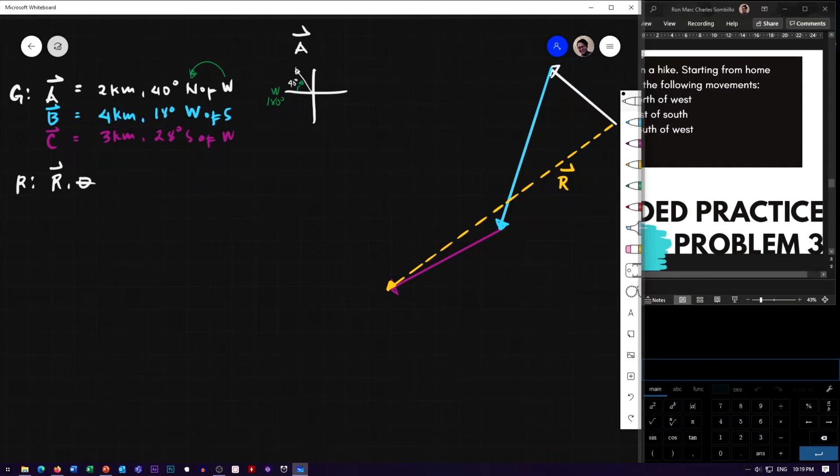So let's have that. Starting from 180 degrees minus 40, I'm going to say that this angle is alpha. So our alpha is gonna be 140 degrees.